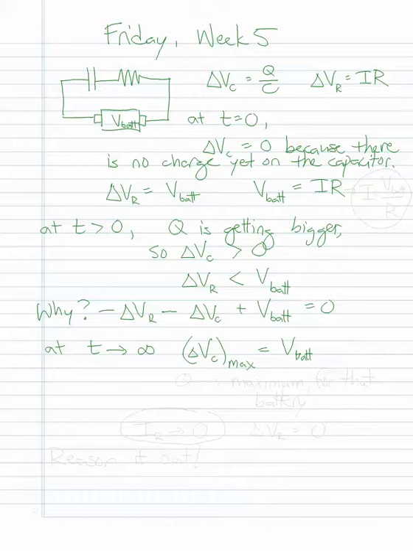So that means that once that happens, the voltage drop isn't getting any bigger, but it also means that the charge has reached its maximum for that battery and the capacitor, of course. So since the charge isn't flowing anymore, the current through the resistor is therefore 0. There's no current through the resistor, so the voltage across the resistor is 0.